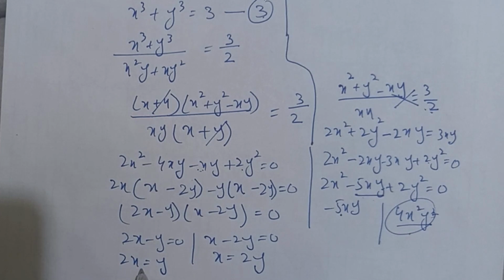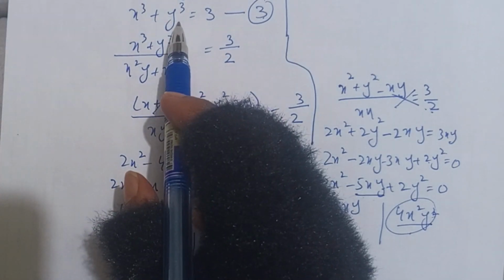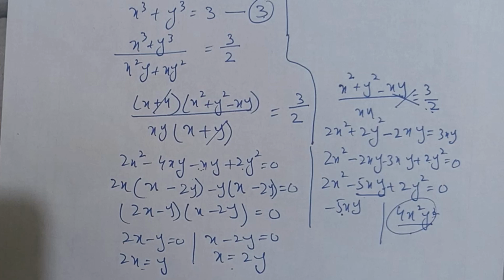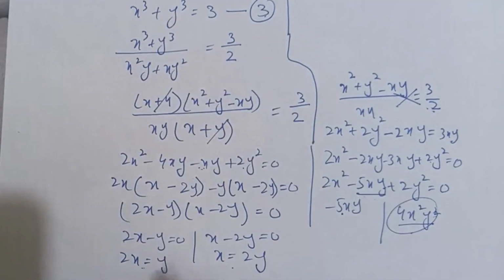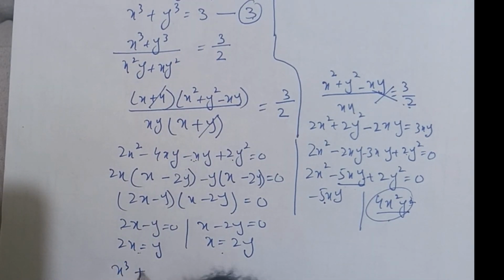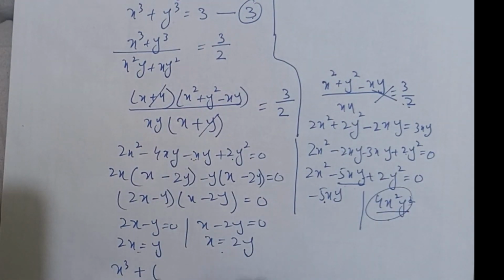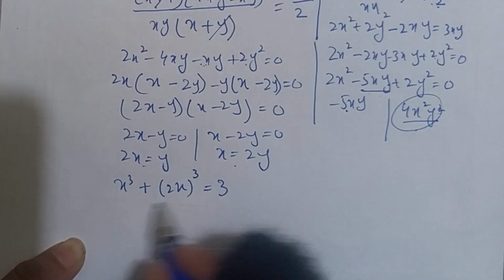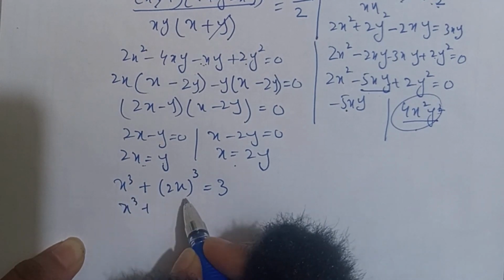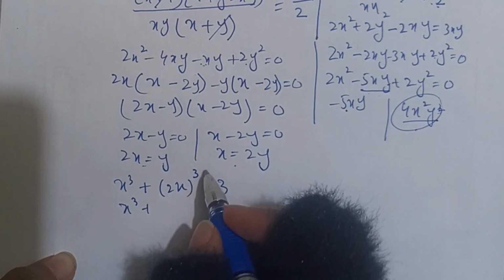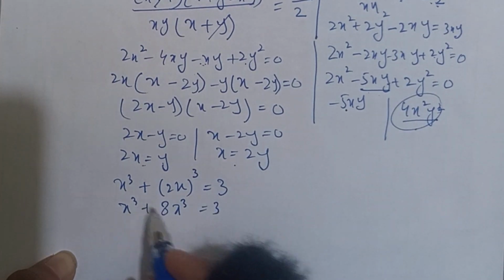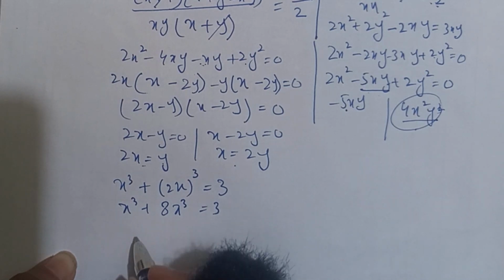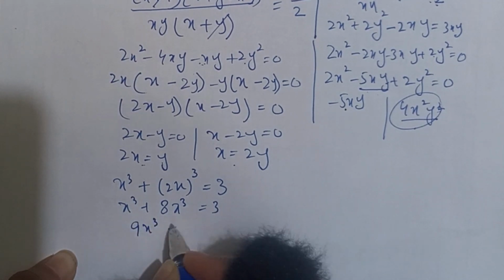Now in the next step, we substitute these values in equation number 3, and after that in equation number 4. So first of all, substitute the value 2x is equal to y in equation number 3. Then this will become x cube plus y cube, and y is equal to 2x, so this will become x cube plus 2x raised to the power 3 is equal to 3, and x cube plus 2 times x raised to the power 3, which is 8 x cube, is equal to 3, and x cube plus 8 times x cube is equal to 9 times x cube, it's equal to 3.